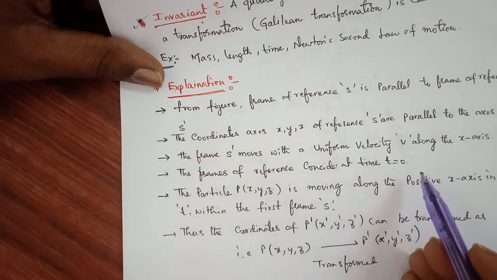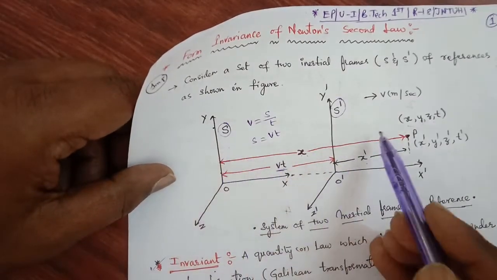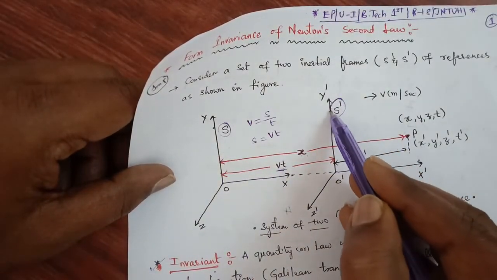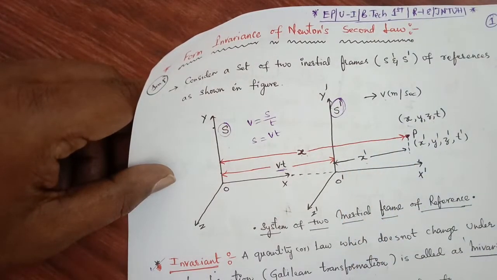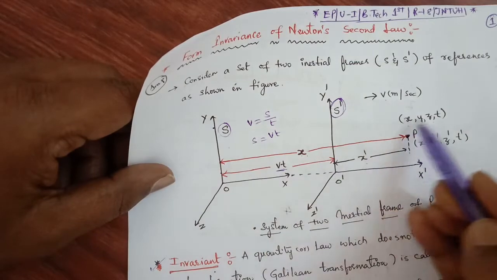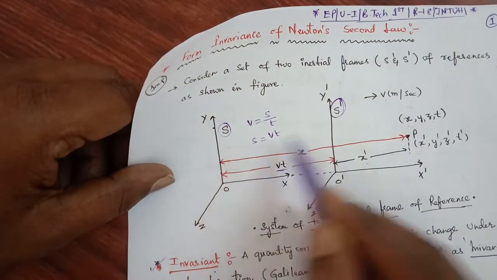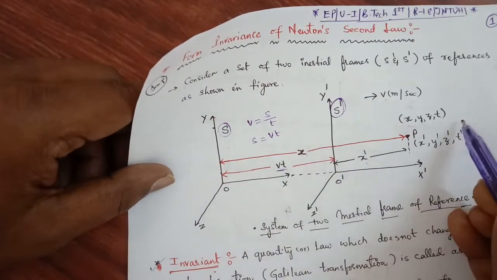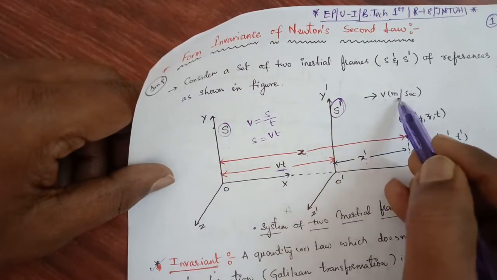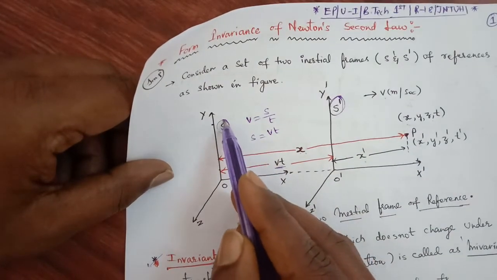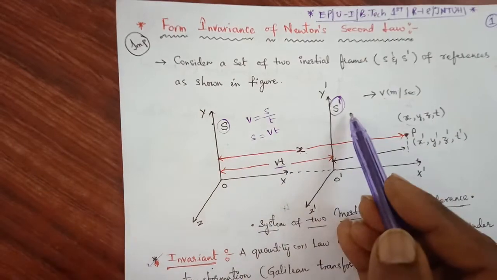So this is a frame of reference which is moving with velocity, and the other is also a frame of reference moving with velocity v. Both the S and S dash frames are moving along the positive x direction. The velocity of S dash is v meter per second, and the S frame has a somewhat faster velocity than the S dash frame.